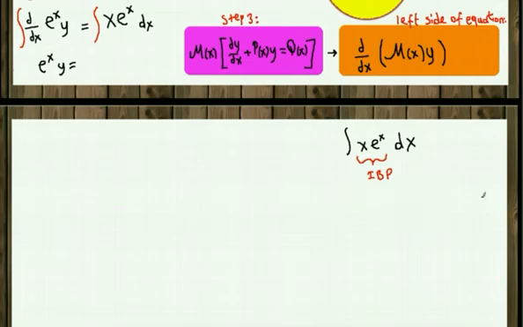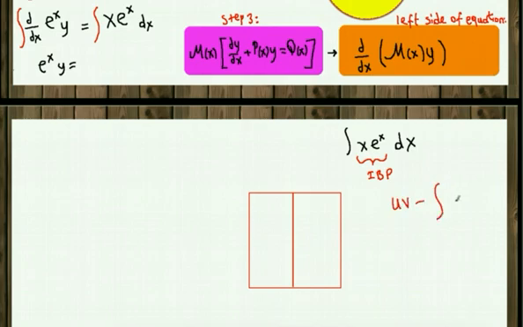You can either use the tabular method or you can use the formula, which is u times v minus integral of v du. So either we're going to go this path or the tabular method path. Let's see both of them.